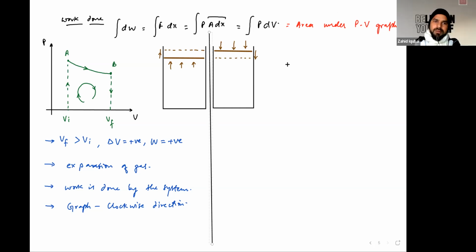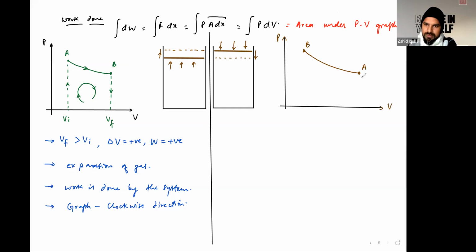Similarly, we may define the next process. In this part, we have work done on the piston for which gas is compressing down. So curve related to this process will be like this. From this point A to some point B, variation of pressure versus volume.